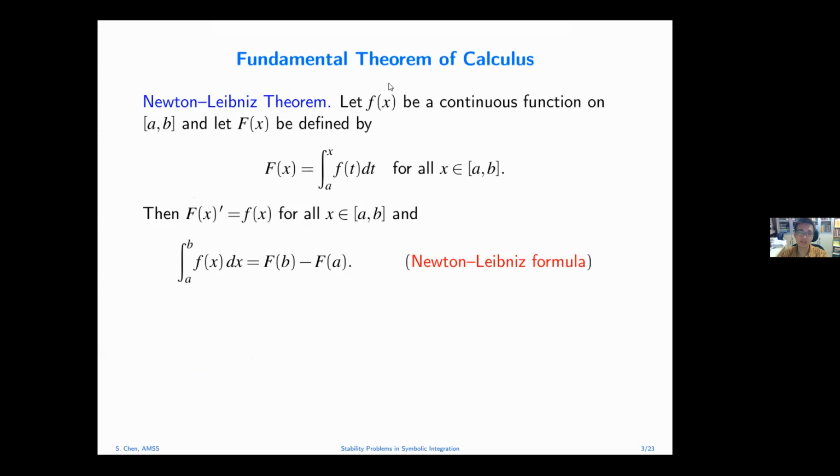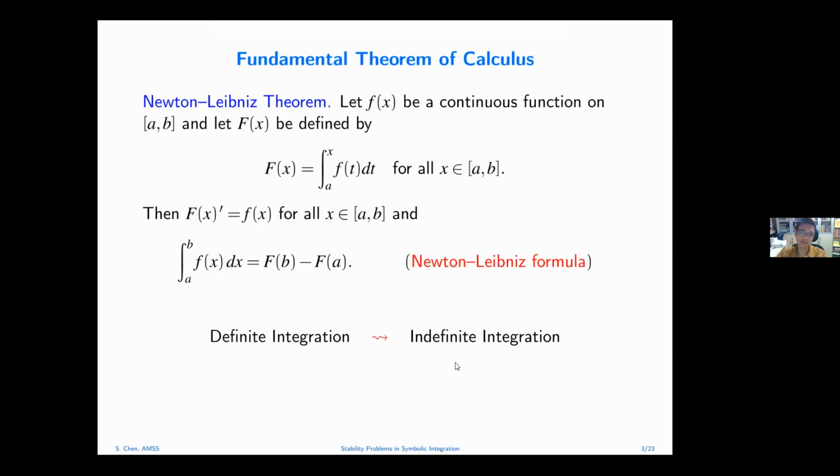Once you have an antiderivative of the given function f, you can evaluate this definite integral by evaluating the antiderivative at the two endpoints. This is called the classical Newton-Leibniz formula, which reduces definite integration to indefinite integration.